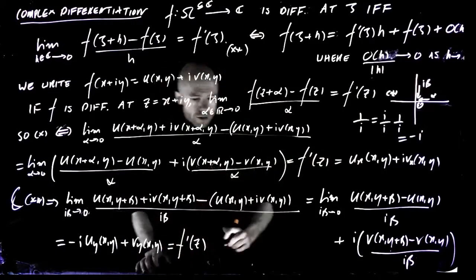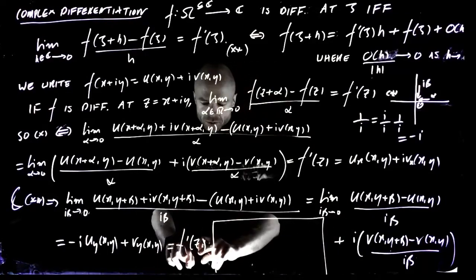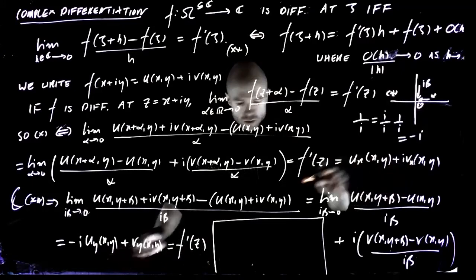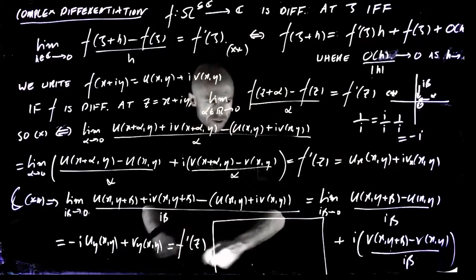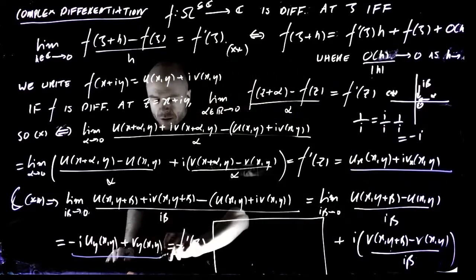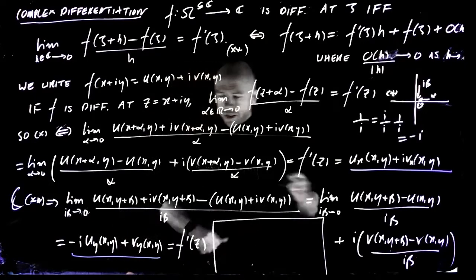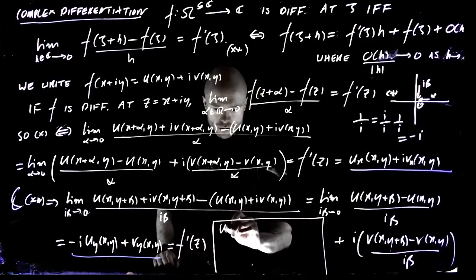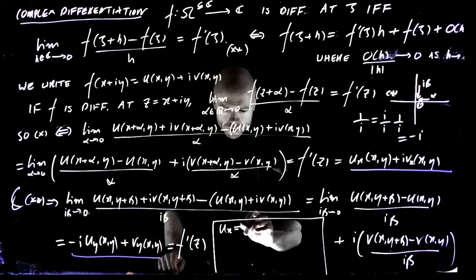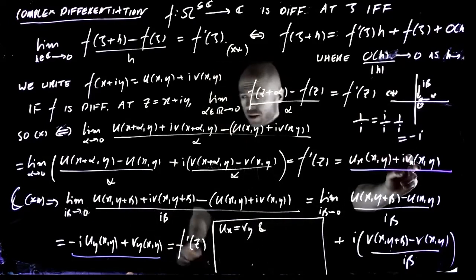So putting these things together, we get the so-called Cauchy Riemann equations, right? So from this and from this, we have that this complex number equals this complex number. This complex number is the same as this complex number, just from the definition of differentiability. So let's write that. That means that the real parts agree. So this is the real part and this is the real part. So this is true. And the imaginary parts agree. So this is equal to this.